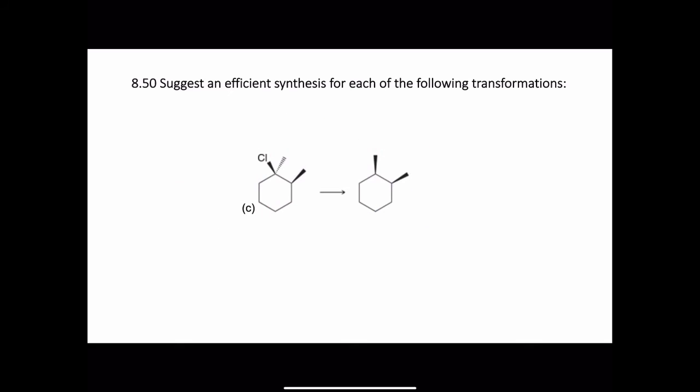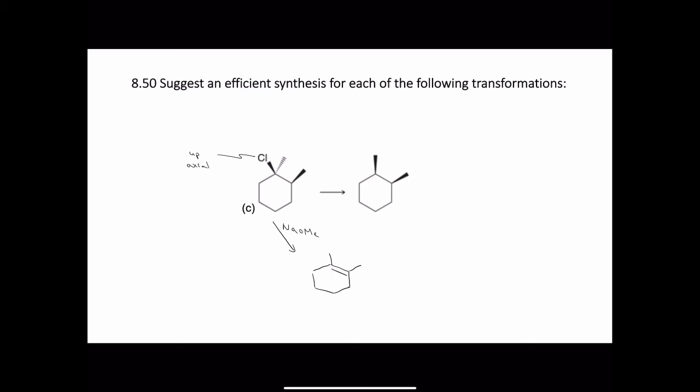C is kind of an interesting problem in that if I treat this molecule with a non-hindered base like sodium methoxide, I'm going to do an elimination. So I'd end up with this alkene. The reason is that if this chlorine wedge is up and axial, you remember that in order to do an elimination on a cyclohexane ring, if my leaving group is up and axial, then the proton has to be down and axial.